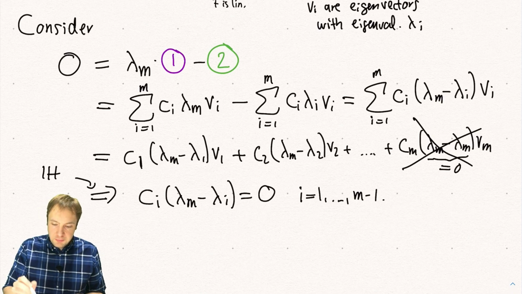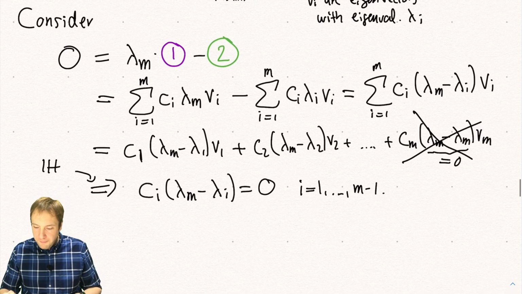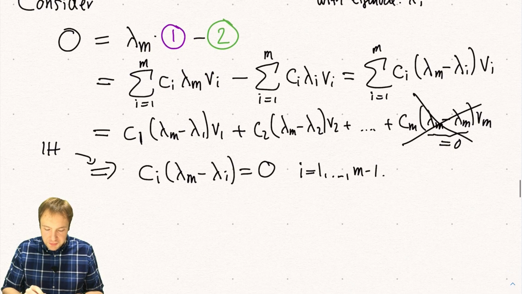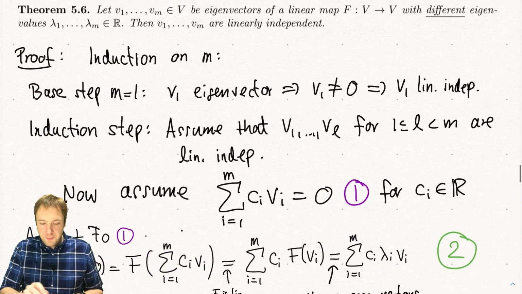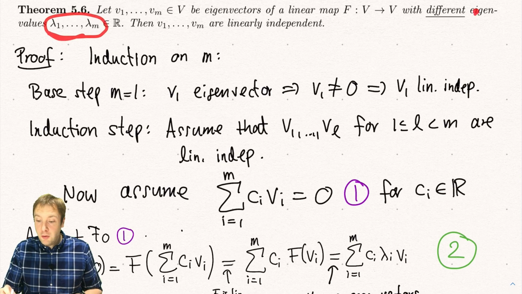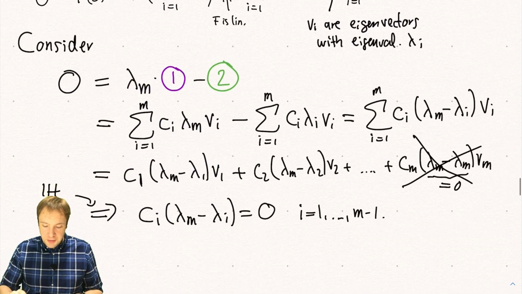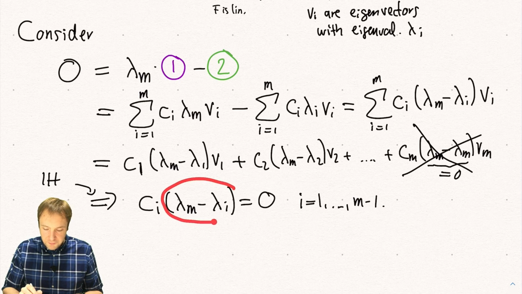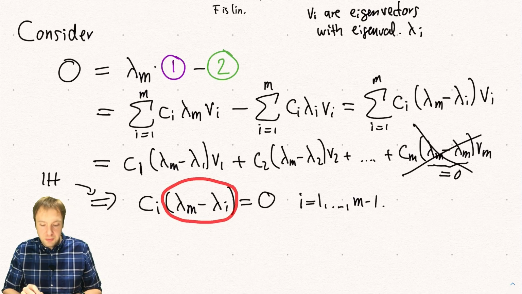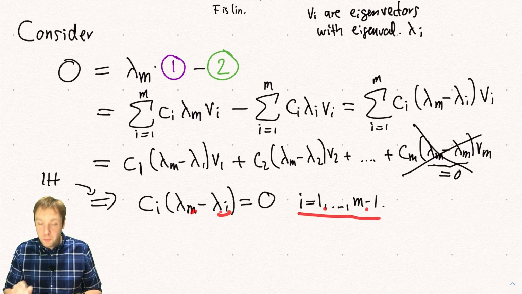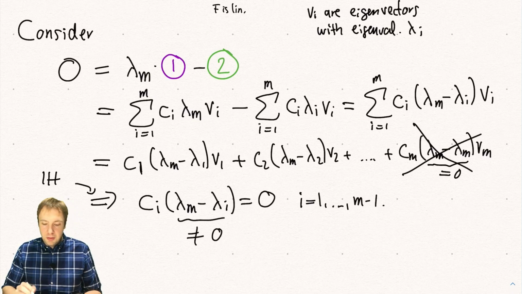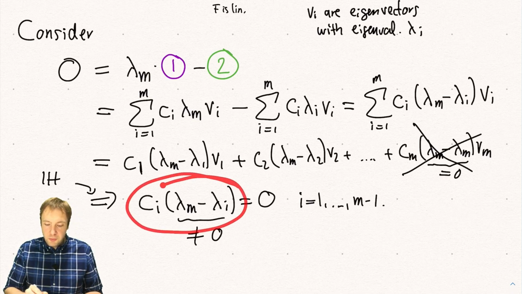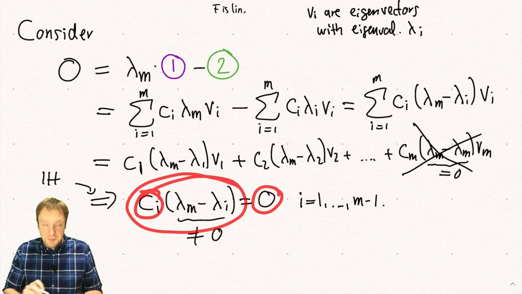But now we see that another assumption in the theorem was that these eigenvalues are all different, and therefore this factor lambda m minus lambda i is not 0, because lambda m is different to all lambda i when i goes from 1 to m minus 1. So this part is not 0, and therefore this coefficient can only be 0 if ci is actually 0.